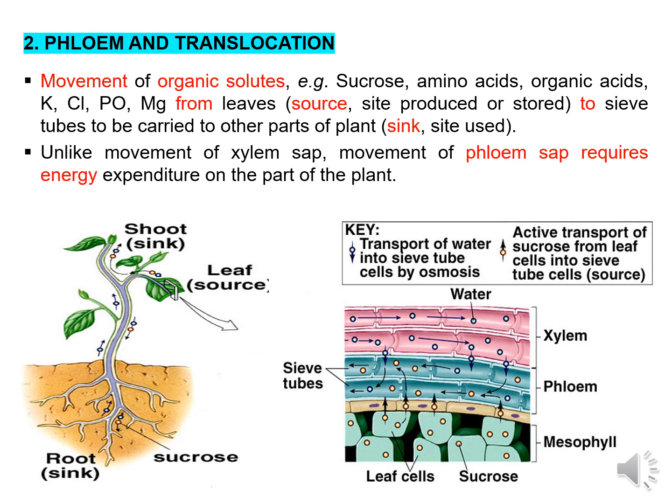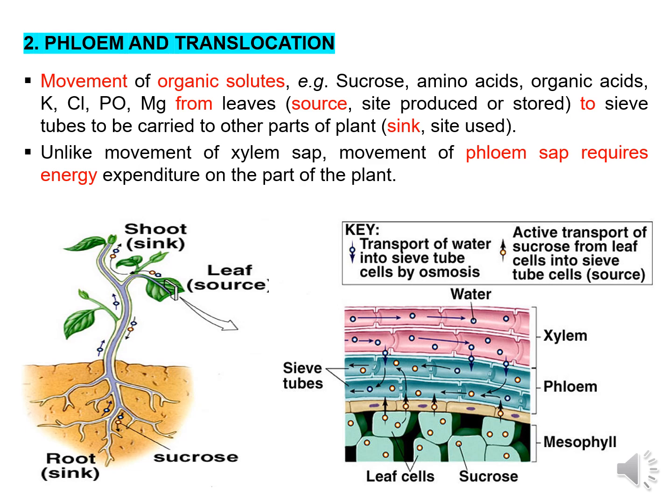Phloem and translocation involve the movement of organic solutes, for example, sucrose, amino acids, organic acids, potassium, chloride, phosphate, magnesium, from the leaf, which we know before as a source, or site to produce or store the food from the process of photosynthesis, to sieve tube in phloem to be carried out to other parts of the plant, known as sink, a place, region or site which needs the food for storing, for living.